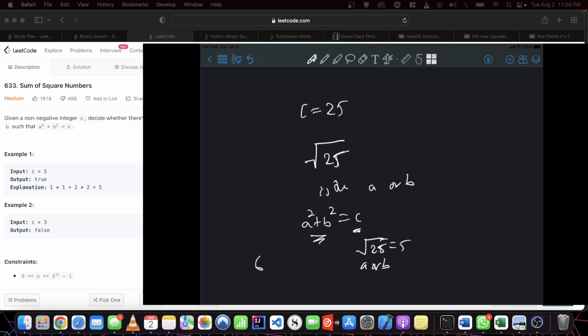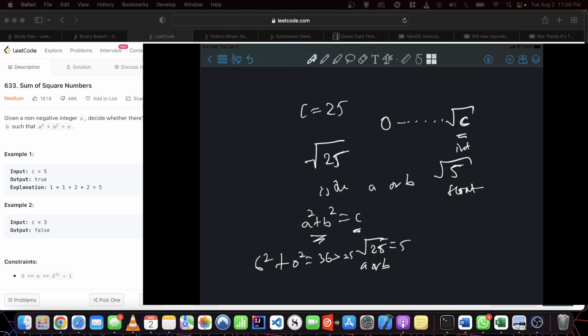For example, 6 squared plus 0 squared gives us 36, which is larger than 25. So our search space should go from 0 to the square root of c. But we need to convert this into an int, because the square root of some numbers will give us a float.